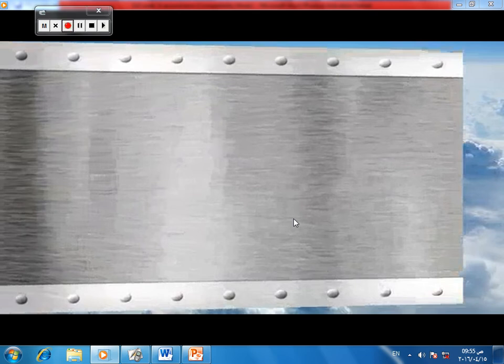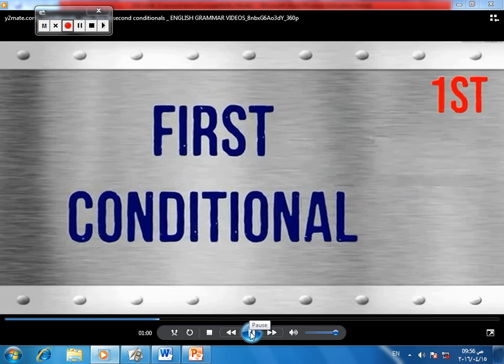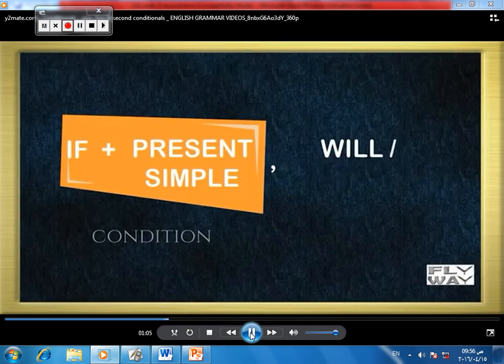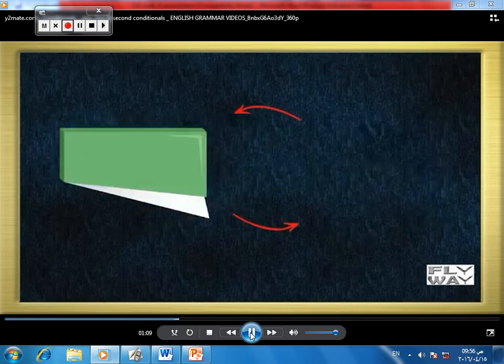Okay. Now we will go for the first conditional. If and the present simple in condition and the result with will or won't.